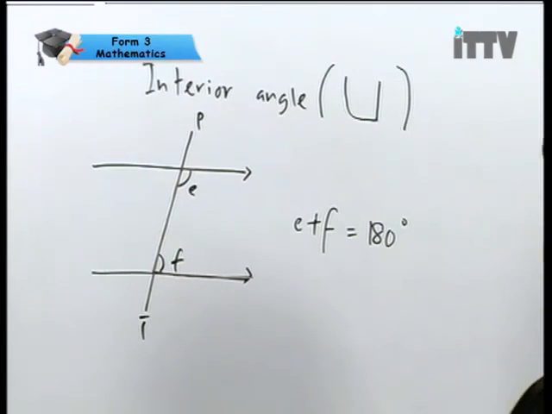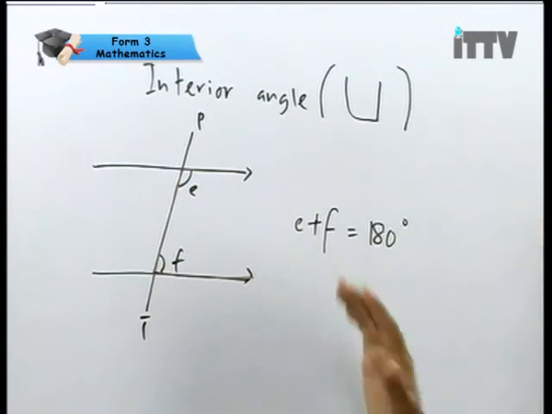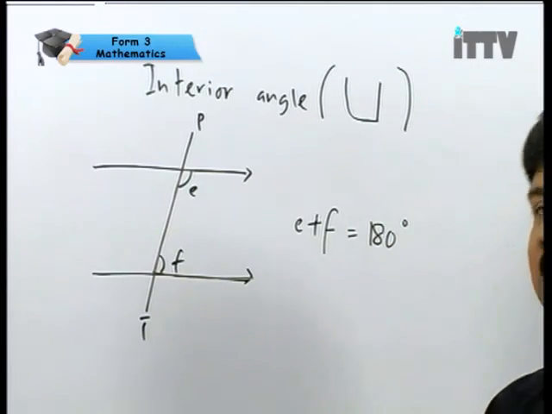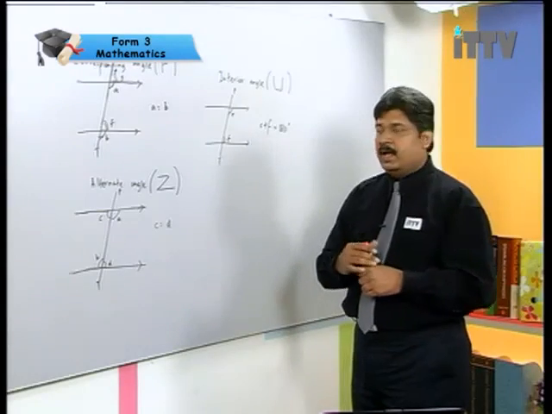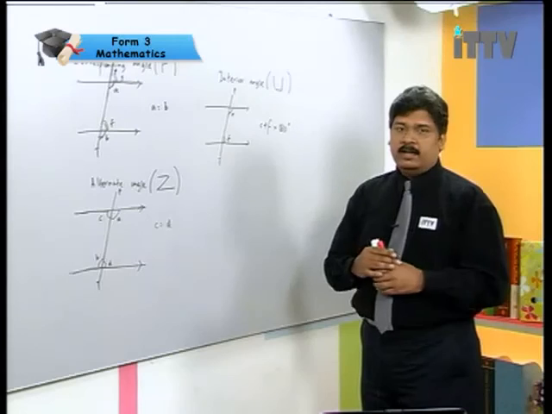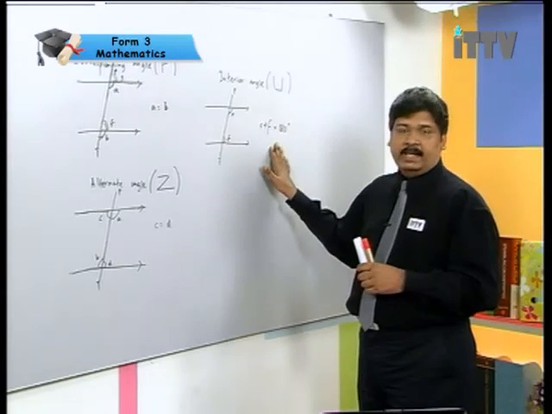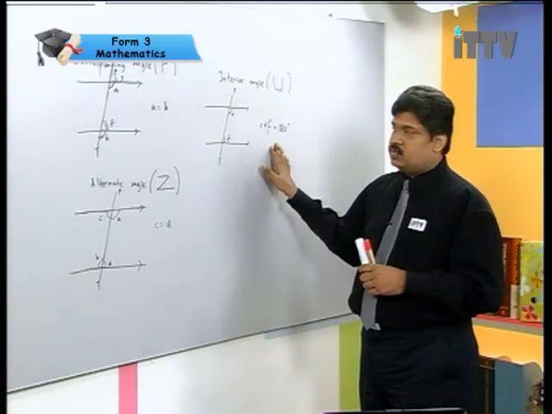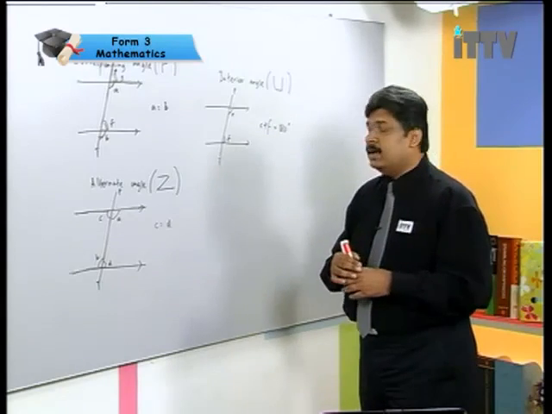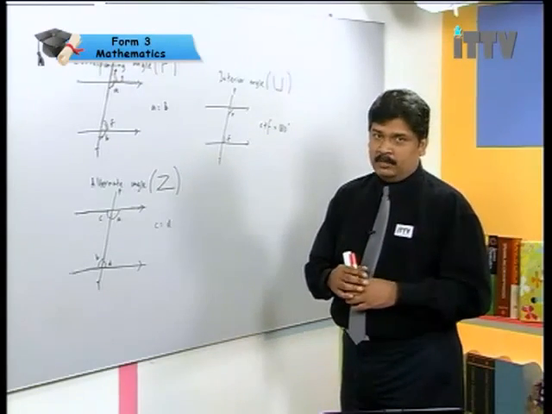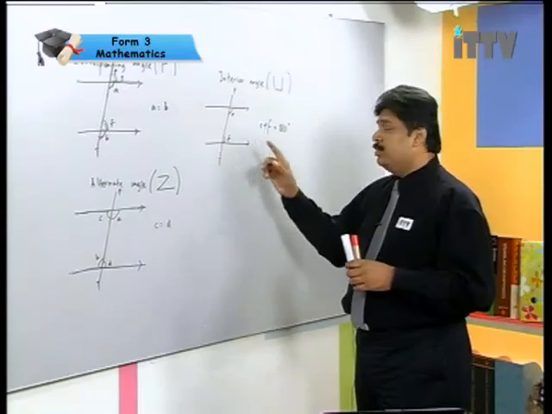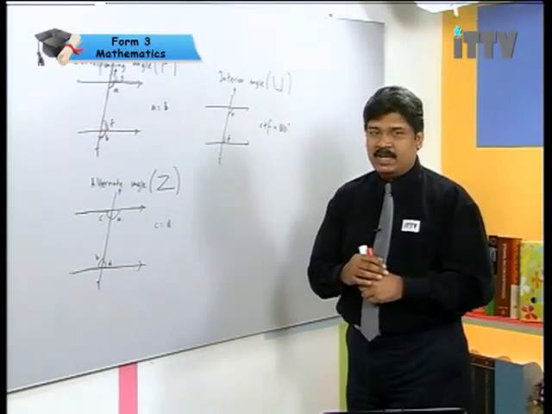That is the trick here. So whenever you find an interior angle, you must remember at the back of your head that the sum of the interior angles is 180 degrees. So therefore, these two angles may not be the same. But I have to caution you that it could be a tricky question in your examination.